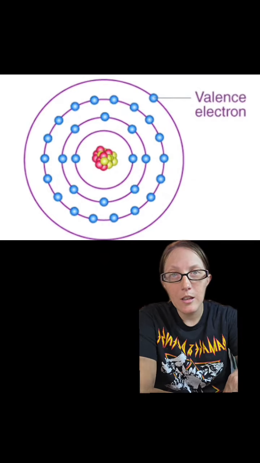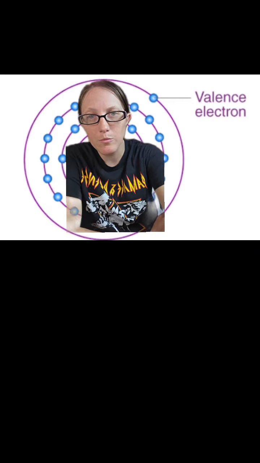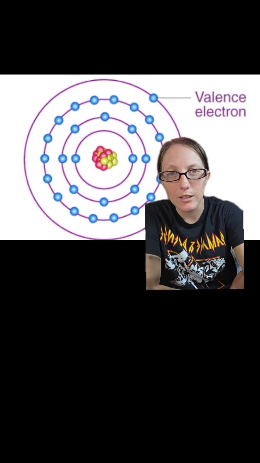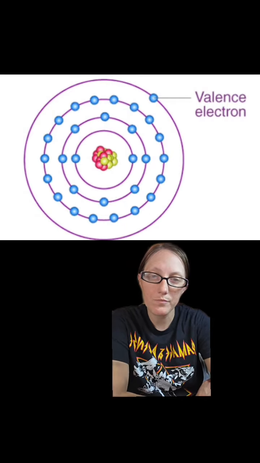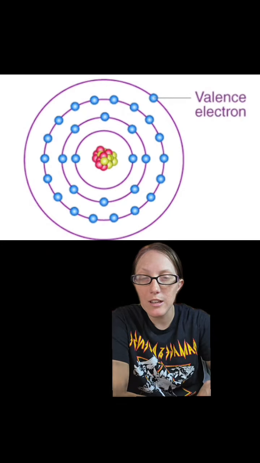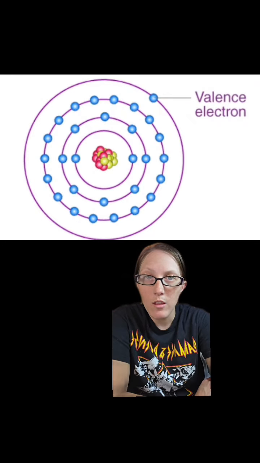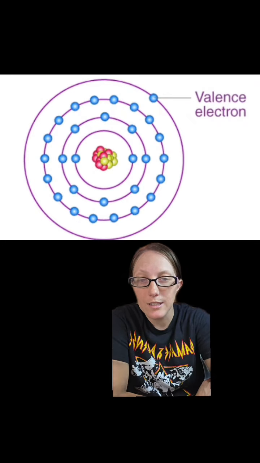Ions occur because atoms want to have a stable valence electron shell. So that is the outermost shell in the electron cloud. In some cases, that might mean it ends up with more electrons than protons, like in chlorine, or more protons than electrons, like in sodium.